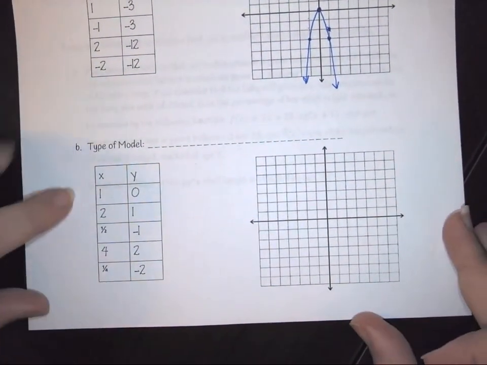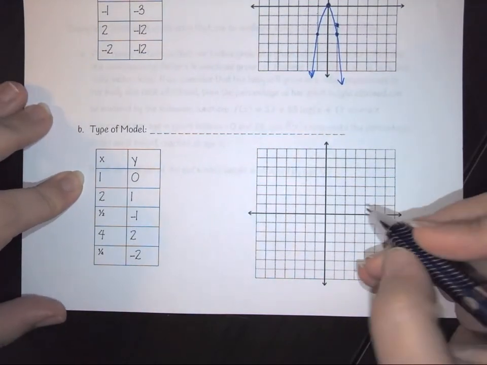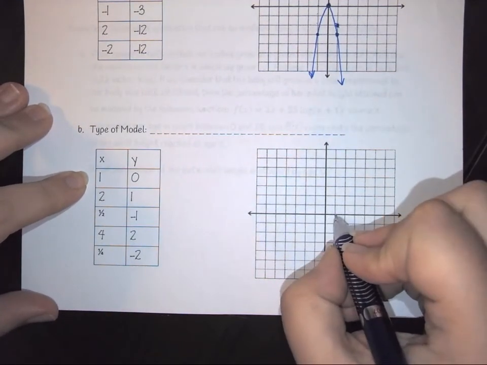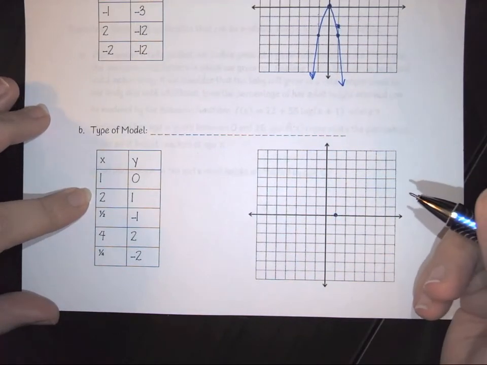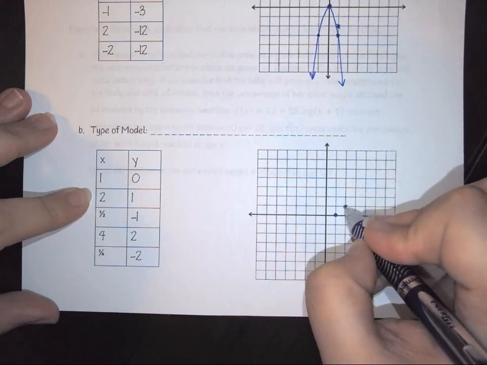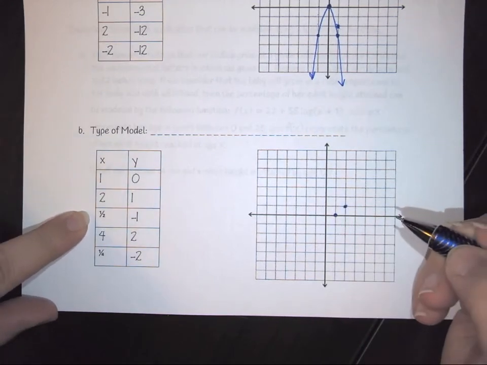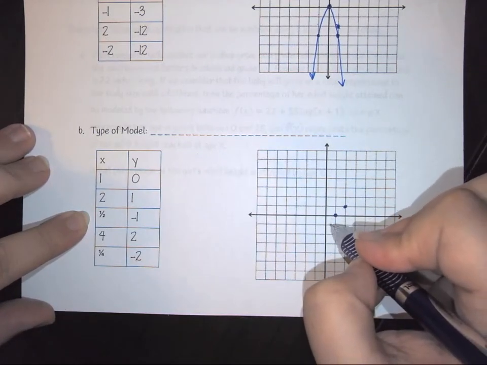So here, again, I need to graph these points in order to see what's going on. So I have the point 1, 0, so over 1, 0. Then I have the point 2, 1, so over 2, up 1. Then I have the point 1/2, negative 1. So I'm over a half, but I'm down at negative 1.